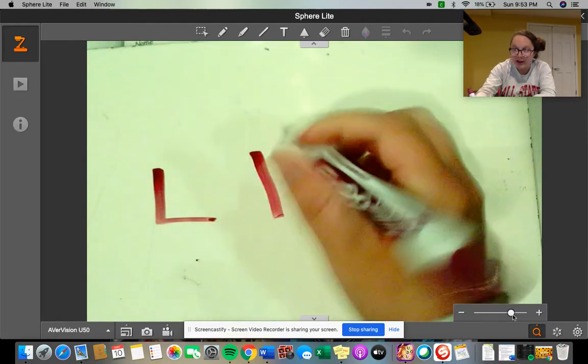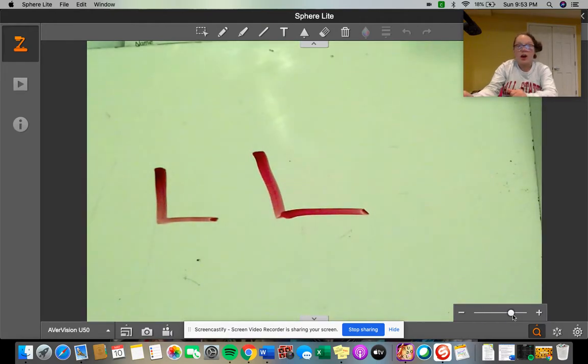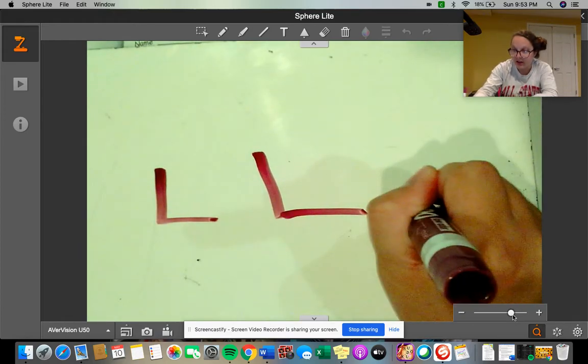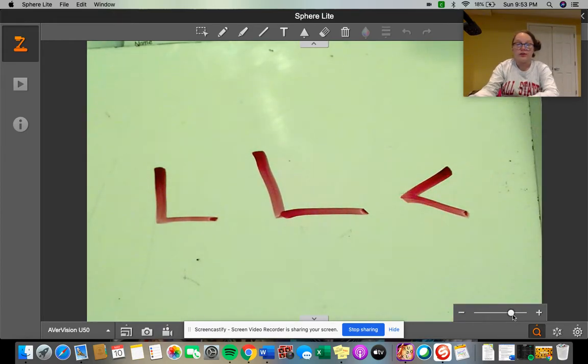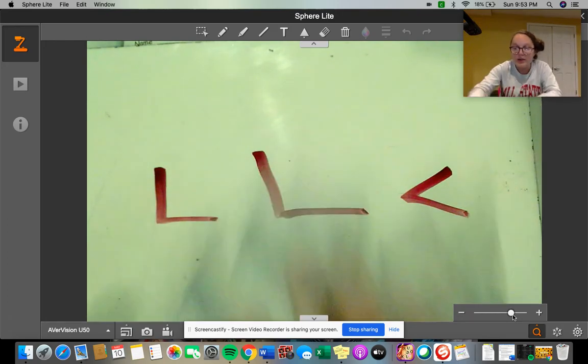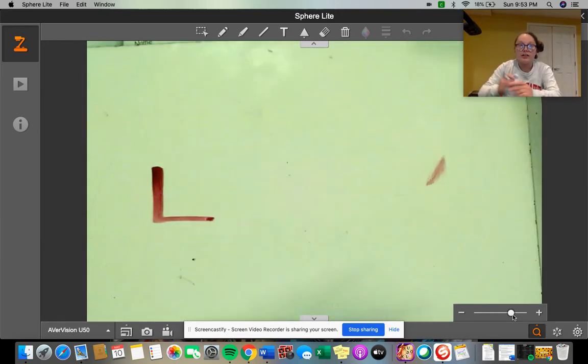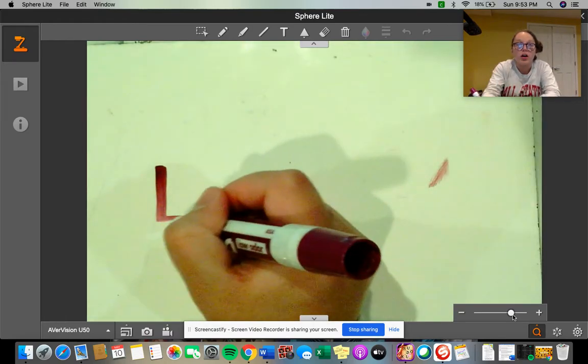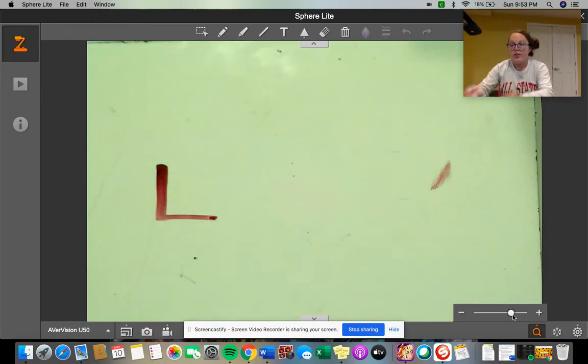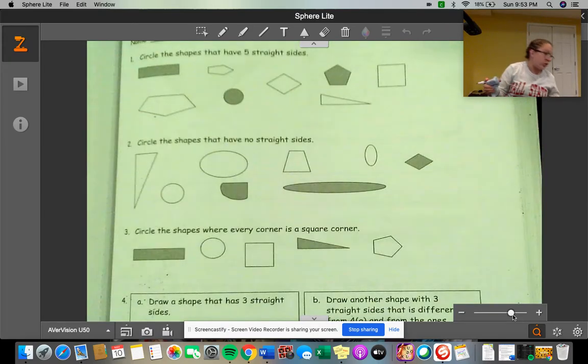If it looks like this, it's not a square corner. If it looks like this, it's not a square corner. It has to be straight, up and down, and across. It has to look exactly like an uppercase L. Otherwise, it is not a square corner.